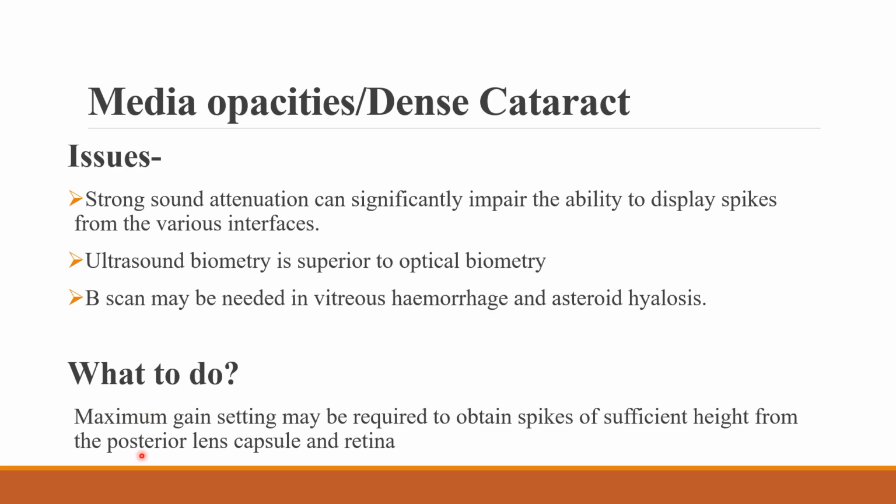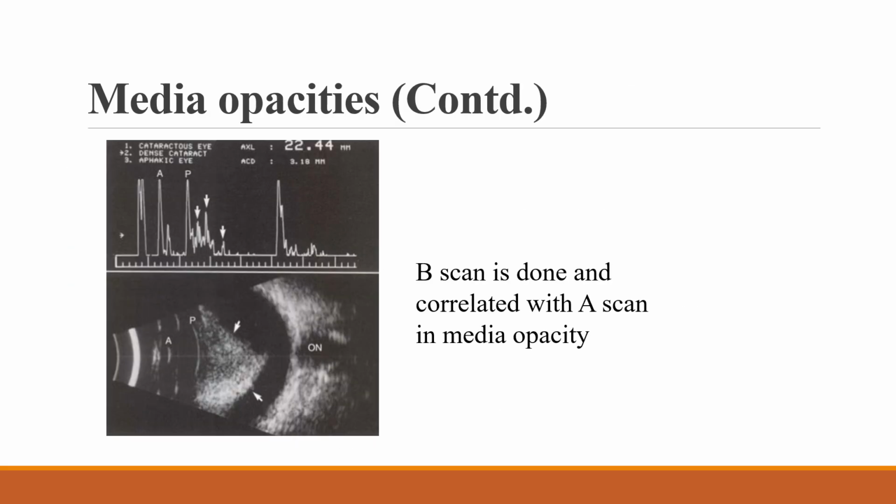What to do? Maximum gain gating may be required to obtain spikes of sufficient height from the posterior lens capsule and retina. B-scan is done and correlated with A-scan in media opacity.